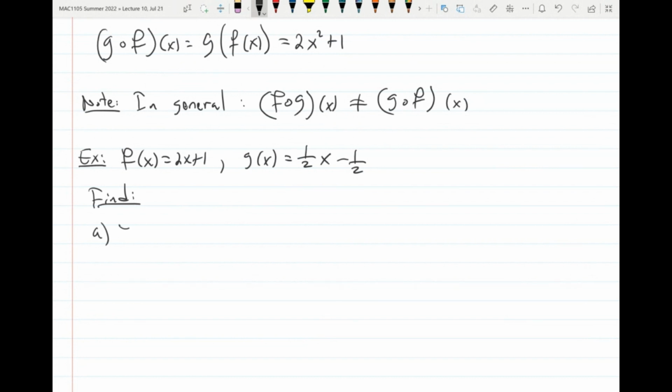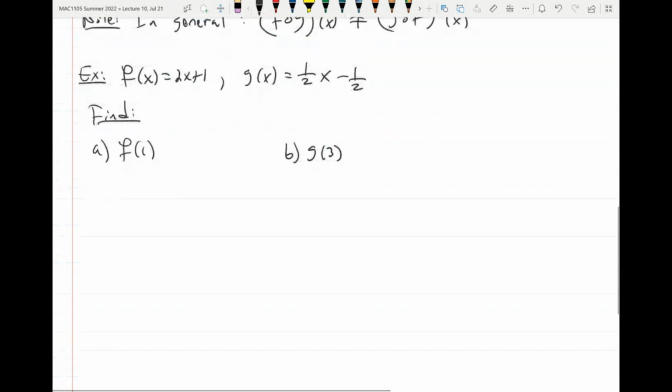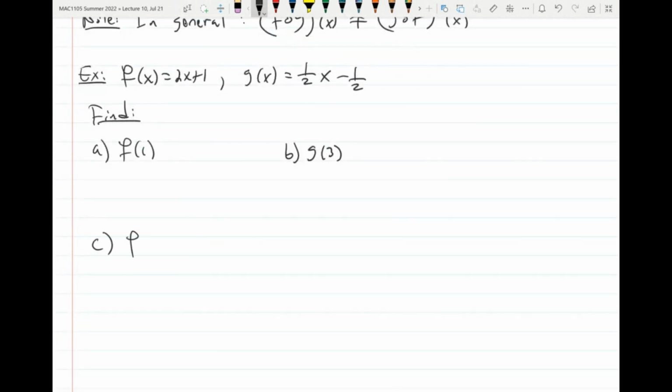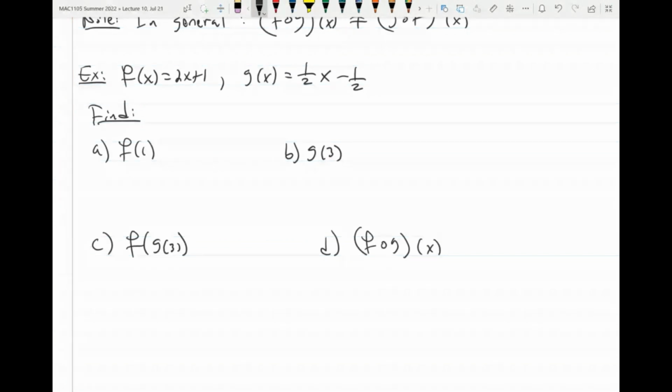First, let's find f of 1, and let's find g of 3, and let's find f of g of 3, and then finally, we're going to find f composed with g. All right, let's see. Try this.